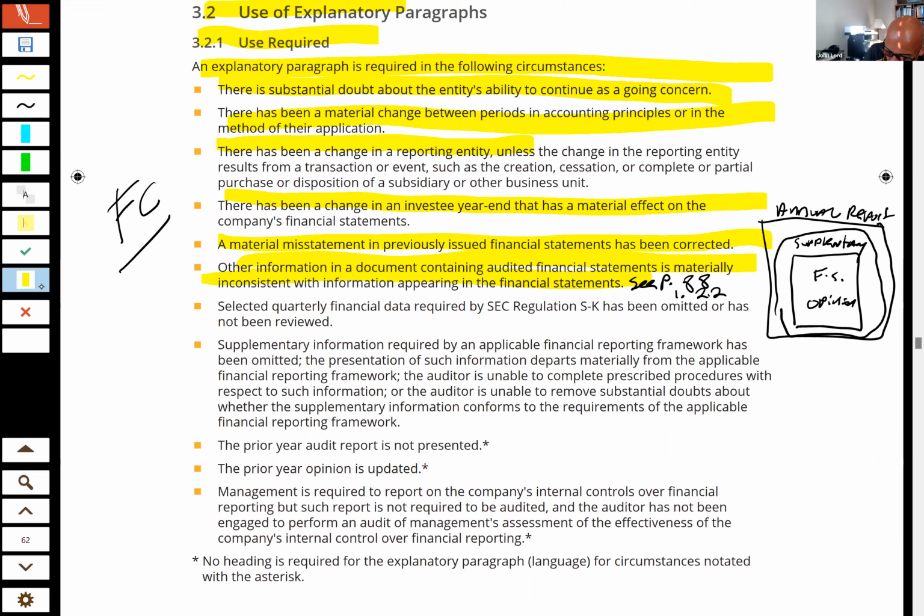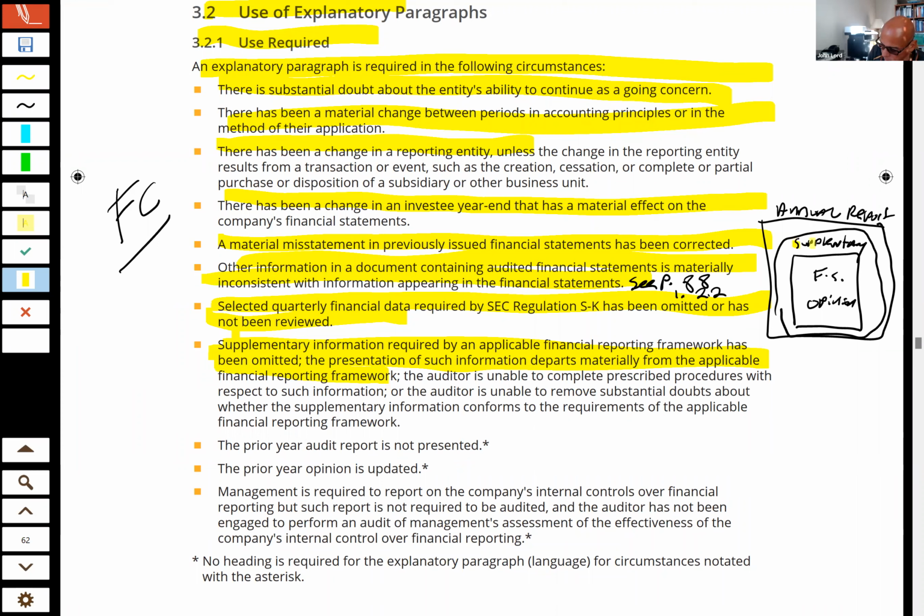But coming over, selected quarterly data has been omitted and has not been reviewed. That would be a requirement. Supplementary information required by the framework like GAAP has been omitted, okay, or the presentation of the information departs materially from the applicable framework, then you would need to call that out in your opinion.